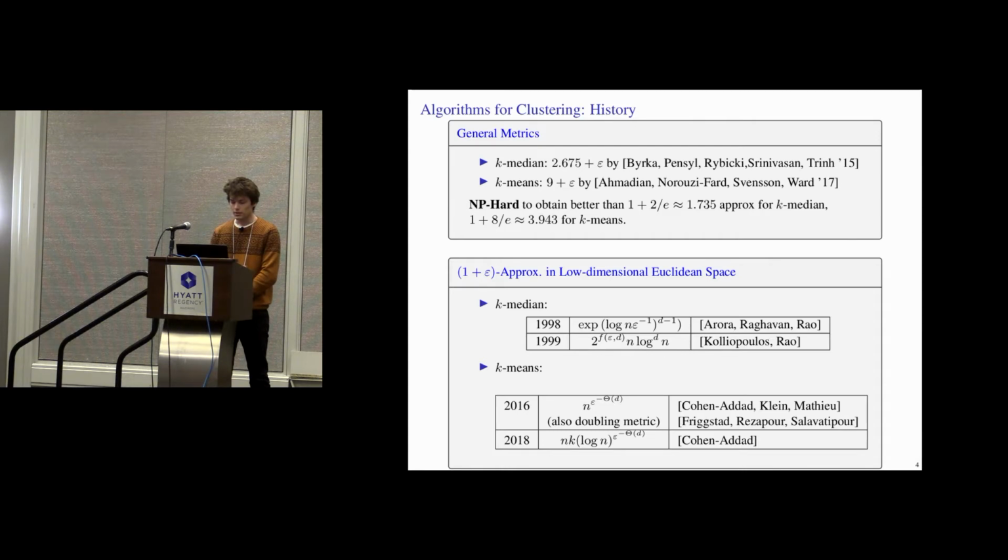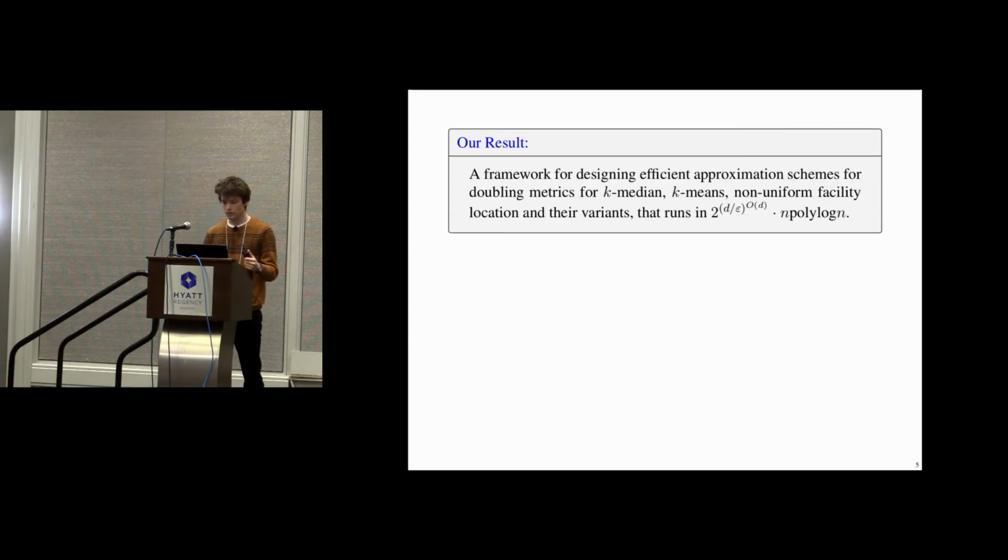But for k-means, the best known is still super exponential in epsilon and d. That's a work from Vincent 2 years ago. And everything works in Euclidean space. So what we do is we improve the results and make them work in doubling metrics.